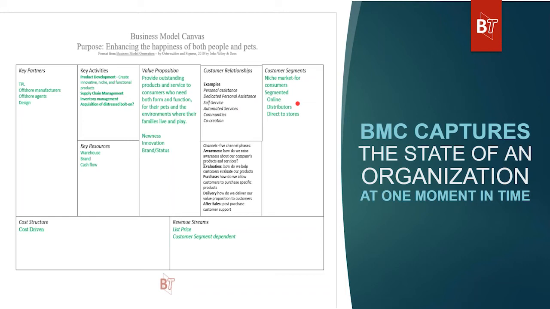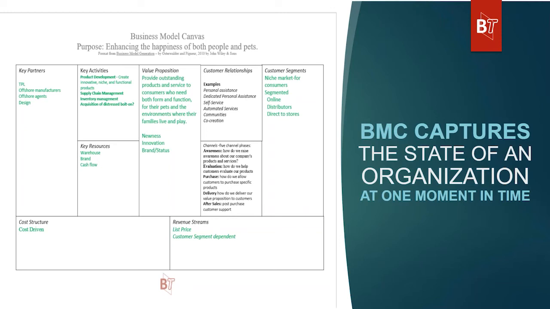So they've suggested that they have two segments. Niche market for consumers, so they sell directly to some consumers, but a very segmented arena for their online distributors, their brick and mortar distributors, and some direct to smaller stores. So those are three very specific segments.